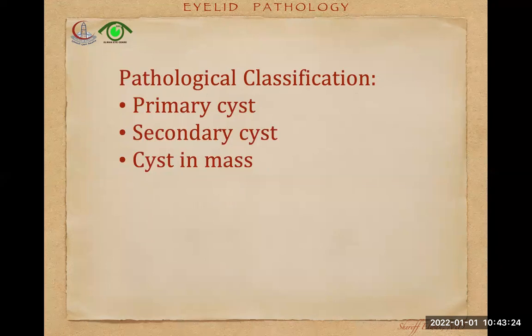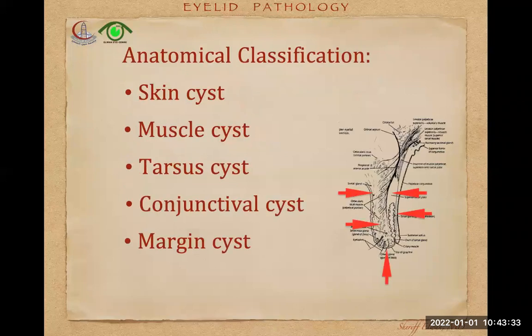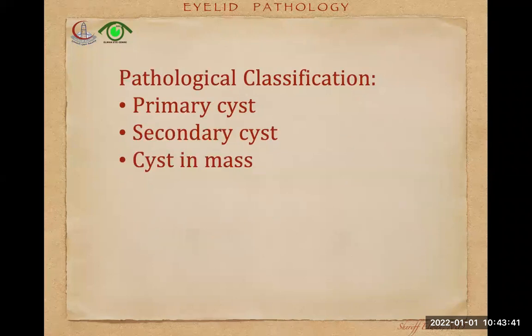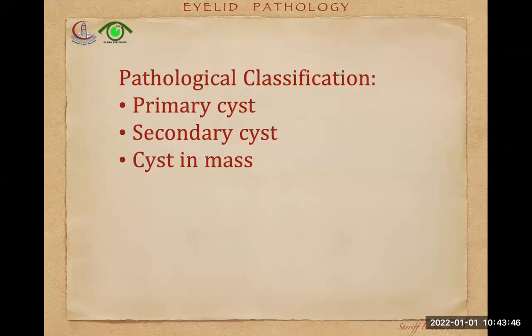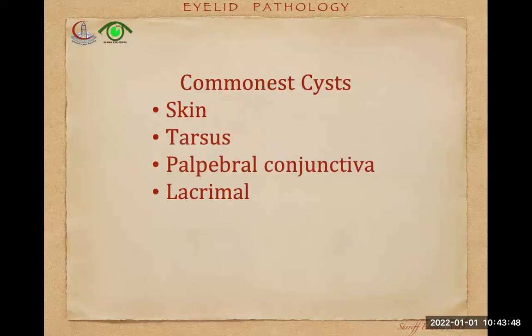Pathologically, we consider them as primary, secondary in another lesion, or a cyst in a mass. And the commonest cysts are those in the skin, in the tarsus, in the palpebral conjunctiva, and in the lacrimal gland.